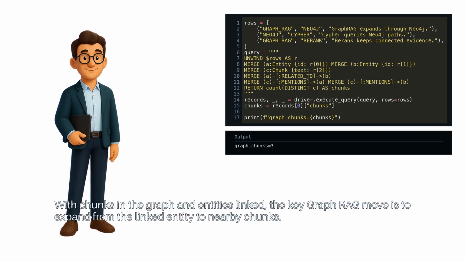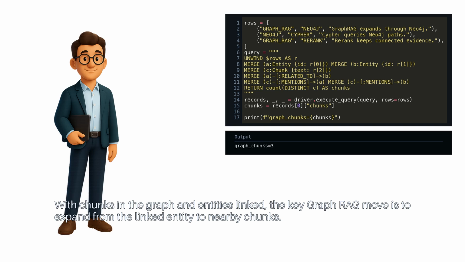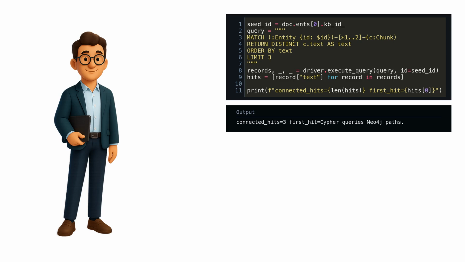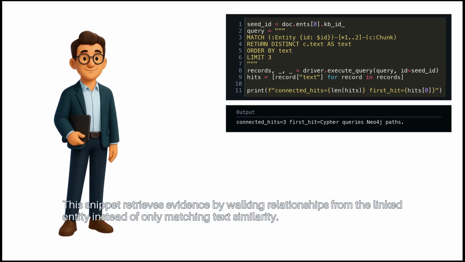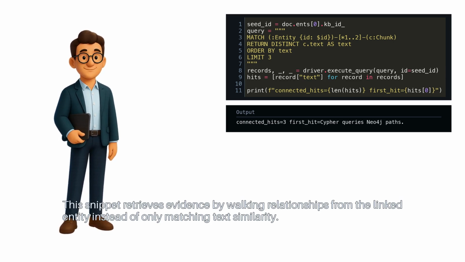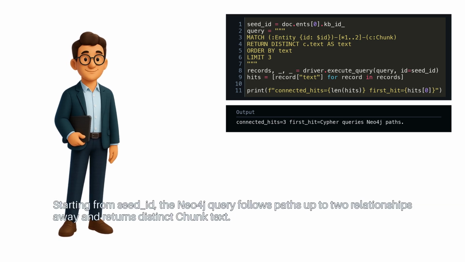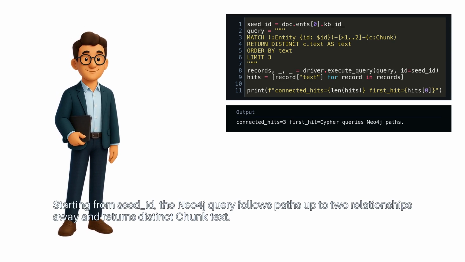With chunks in the graph and entities linked, the key graph RAG move is to expand from the linked entity to nearby chunks. This snippet retrieves evidence by walking relationships from the linked entity instead of only matching text similarity. Starting from the seed ID, the Neo4j query follows paths up to 2 relationships away and returns distinct chunk text.